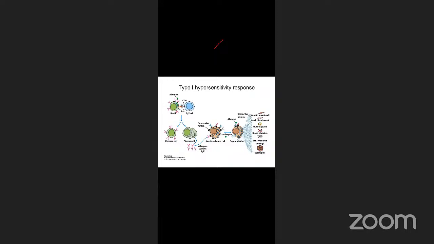No allergic reaction will happen in the first exposure, but in subsequent exposure, when the same allergen is encountered, the sensitized mast cell directly recognizes the allergen with the help of antibodies attached to the Fc receptor.